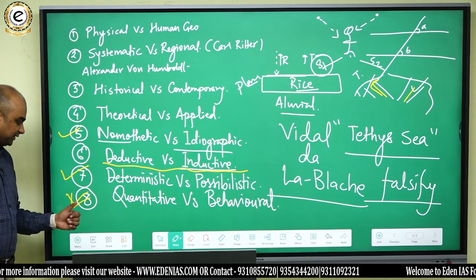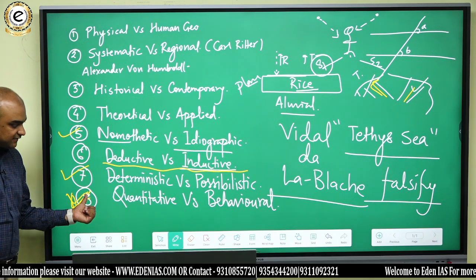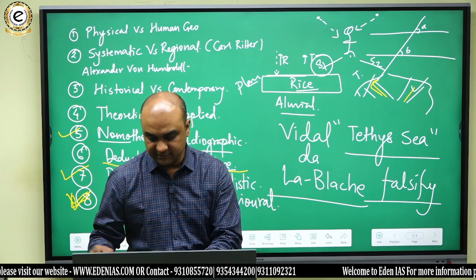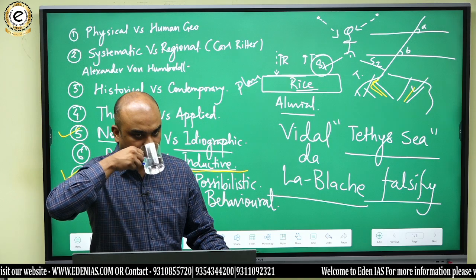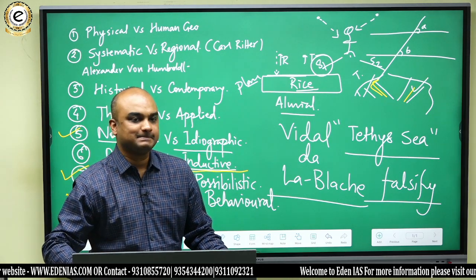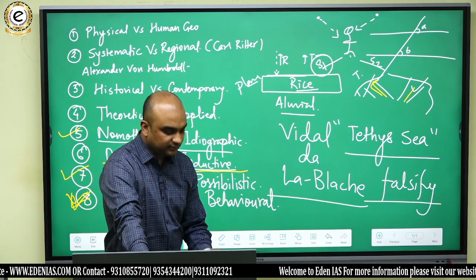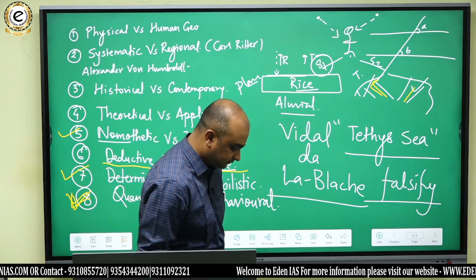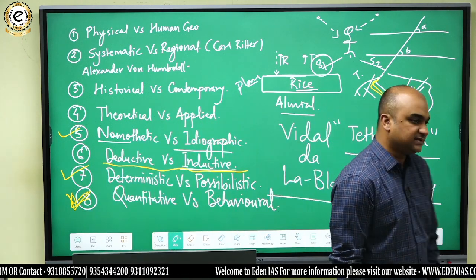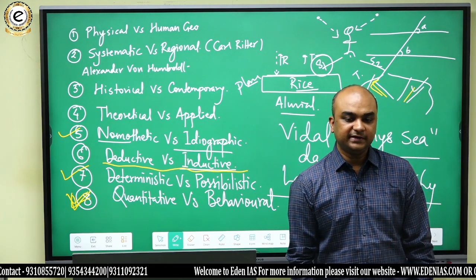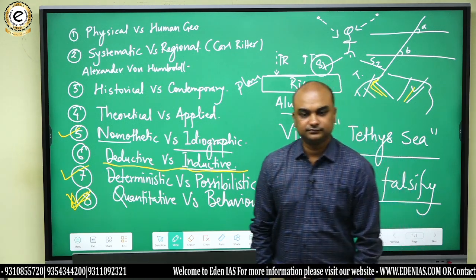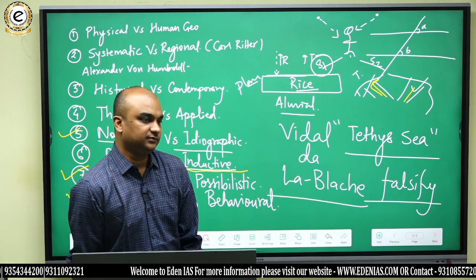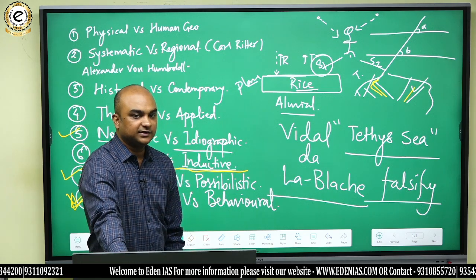Let's come to the last one. Quantitative versus behavioral geography. In the 1960s, there started a movement in geography known as quantitative revolution.